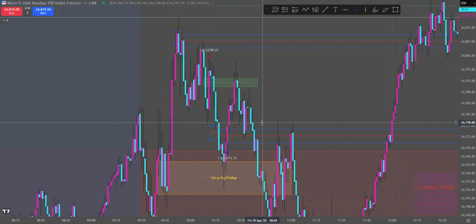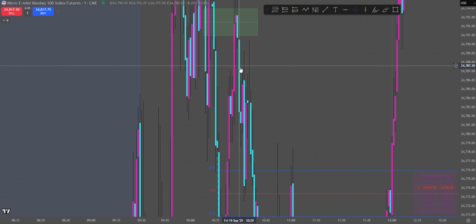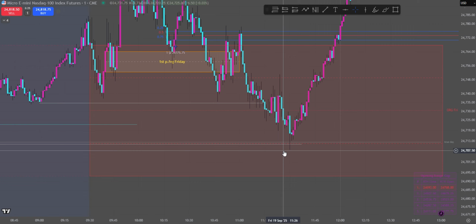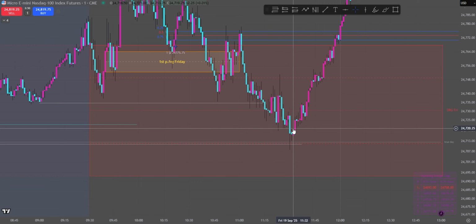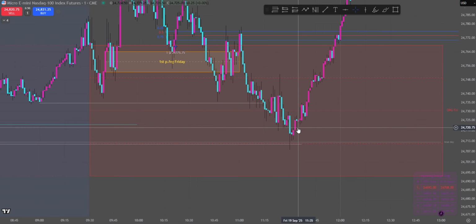You could have found entries elsewhere, whether it be off of this little area here, right in there. You could have found buys after this. Okay, now what have we got? Down close candle, 1134, traded below there and closed above.